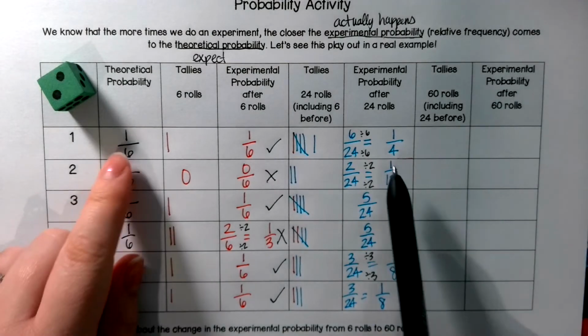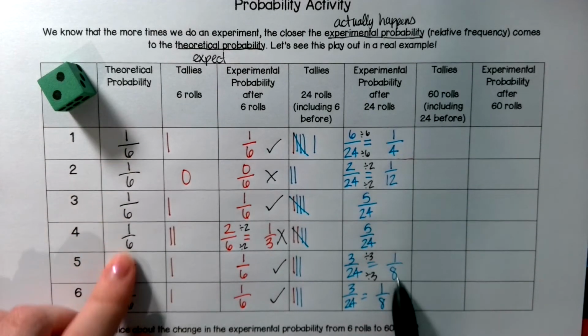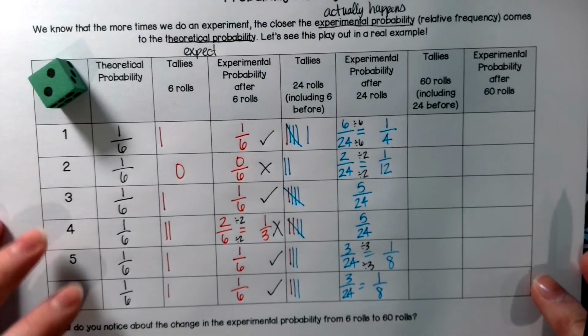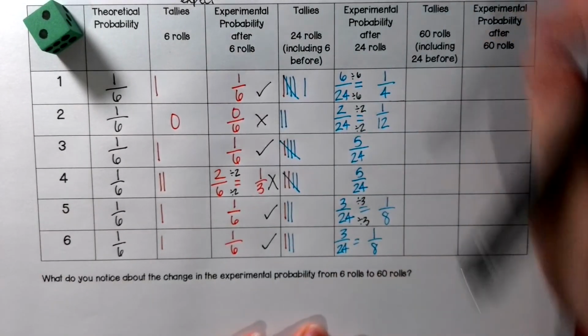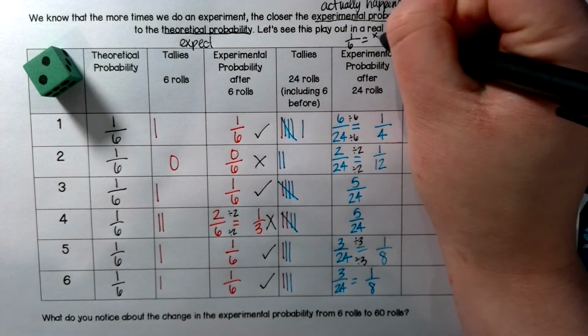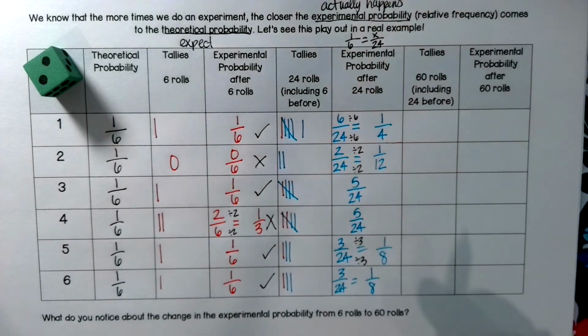Again, I would expect all of these to simplify to 1/6 because that's my theoretical probability. So if I wanted it to become 1/6, how many out of 24 rolls would that be?